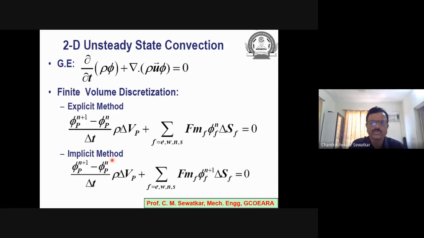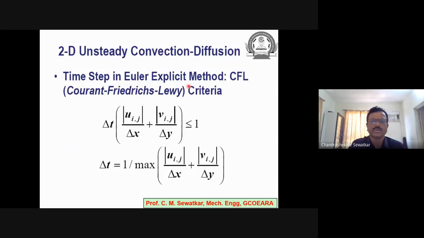So there are two ways to obtain a solution to an unsteady state problem, implicit and explicit. For the explicit method, we have a stability criterion, as we have seen in the earlier case also. There is a stability criterion for the conduction problem also. This stability criterion is called the Courant-Friedrichs-Lewy criterion. It is delta t times mod of u_ij upon delta x plus mod of v_ij upon delta y, which should be less than or equal to 1.